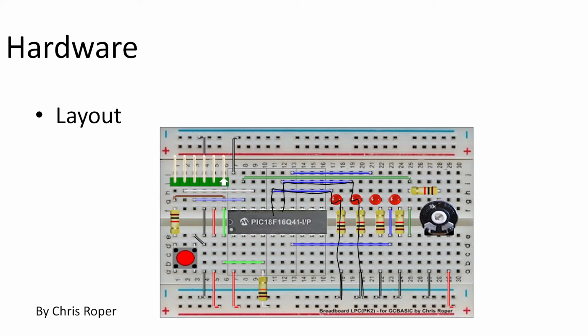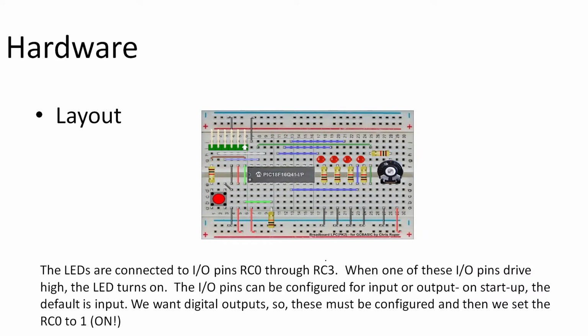And it's the same as the board I showed you previously for Microchip. So what we're going to do is turn an LED on, and we're going to set the pin high. As I said, the LEDs are on RC0 to 3, and one of these, we're going to drive high by turning it on. Now these I/O pins can be inputs or outputs on startup, so we just need to make sure that we set them correctly.